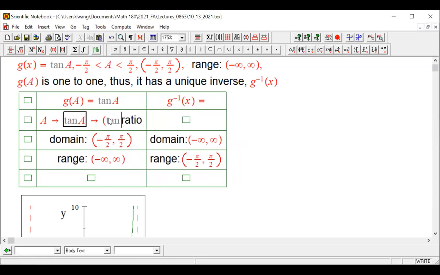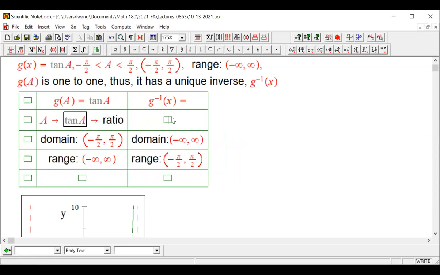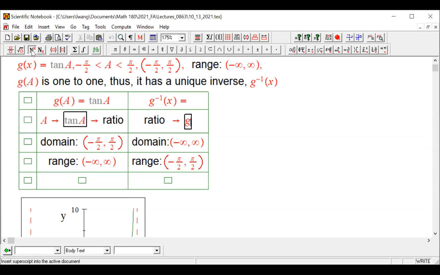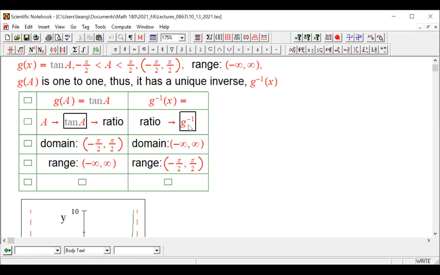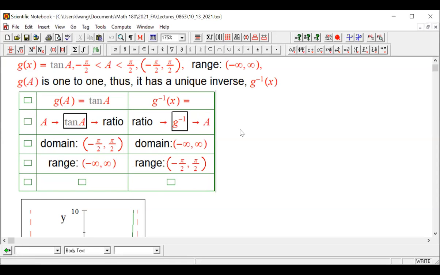The inverse function takes the ratio, goes through the inverse function G inverse, and produces an angle. And what is the angle?